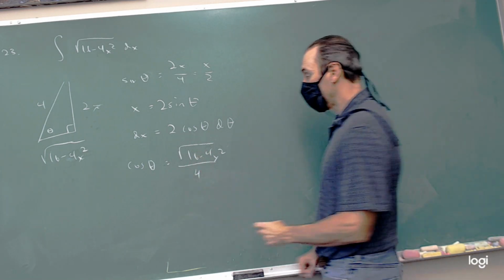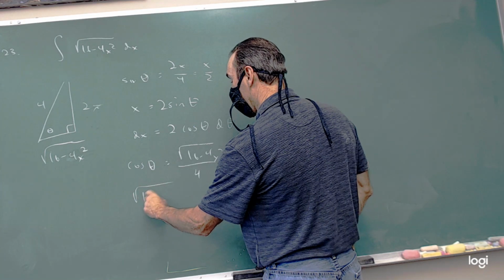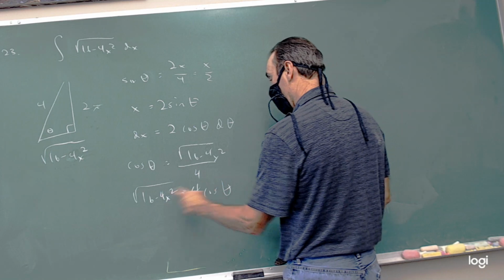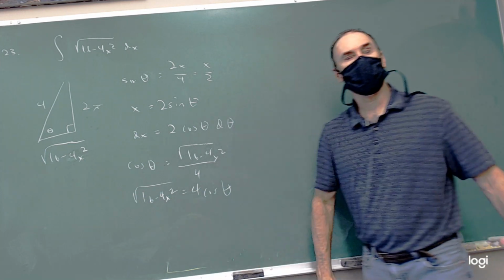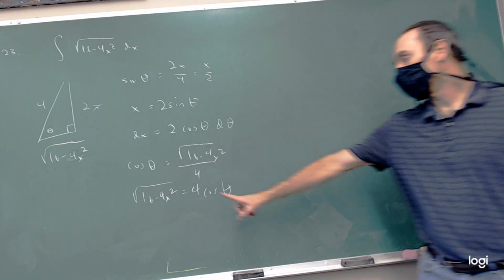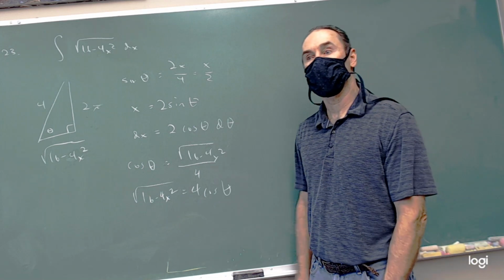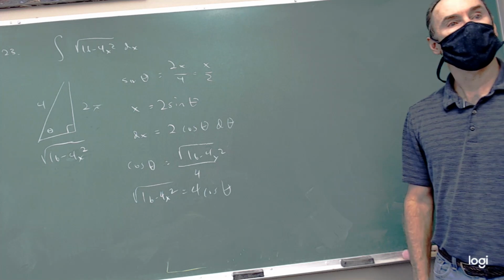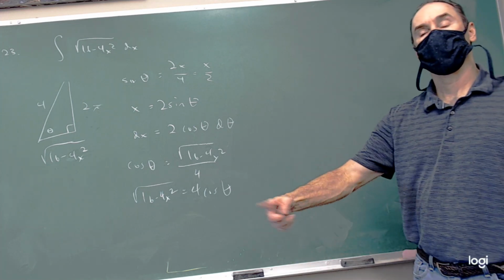Multiply the 4 over, and here's our substitution for the radical. That square root is 4 cosine theta. That's why I wanted a constant. I didn't want to throw in another variable there. Then I have to get rid of that in terms of theta. It becomes a never-ending spiral.